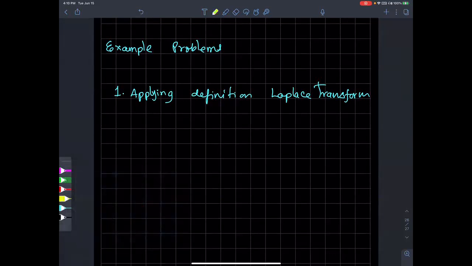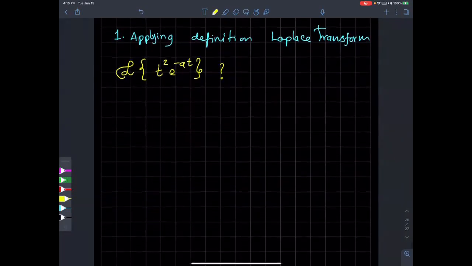Find the Laplace transform of t squared e to the minus at. You're asked to find the Laplace transform. Okay, so there are 2 ways to do this.